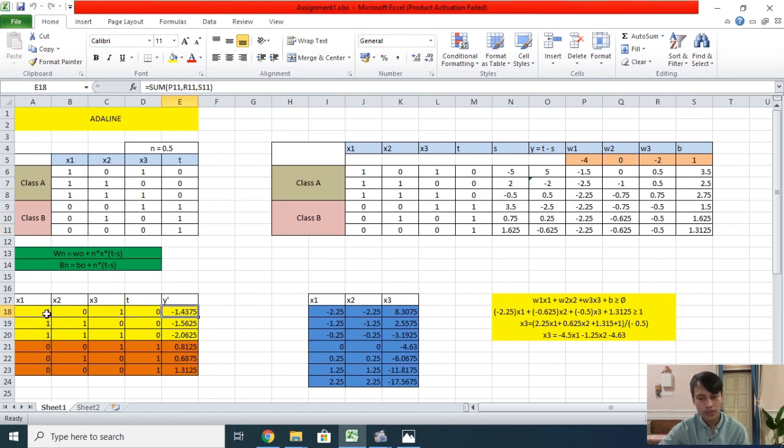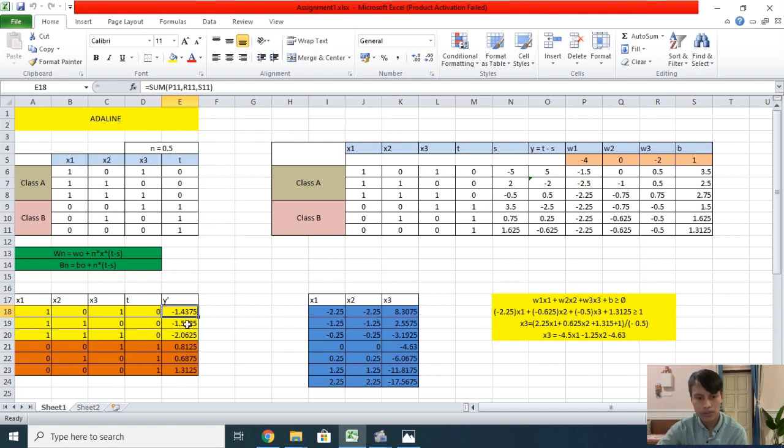Okay, for this value, we need to add the last value of the x1, x2, and x3. So the value of x1, x2, x3 and t equal to w1, w2, and w3, and the bias, the last value of this. So we need to add the negative 2.25 plus the negative 0.5.